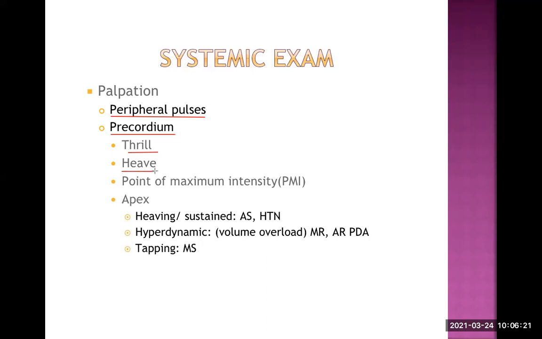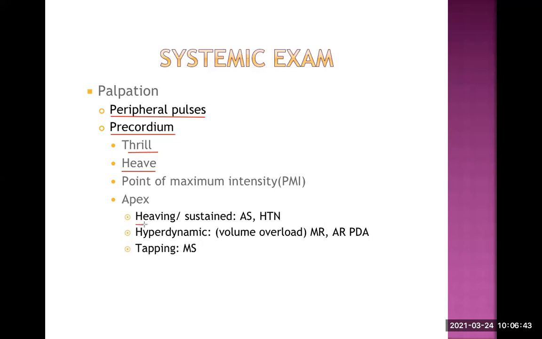Now heave. Heave means it is such a strong type of impulse, usually at the apex, that it lifts your finger from there. This is known as heaving apex or heaving impulse. This term is mainly used for pressure overload conditions.